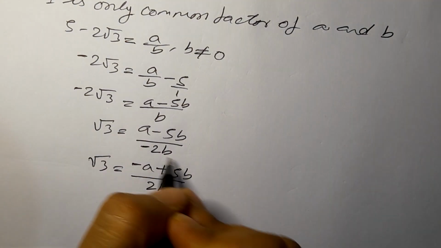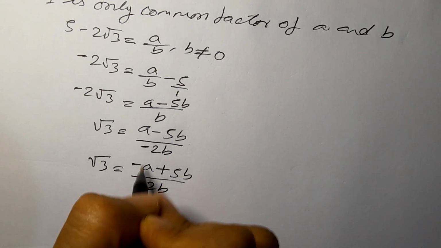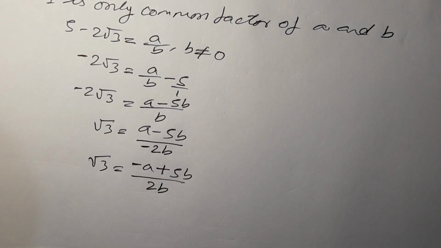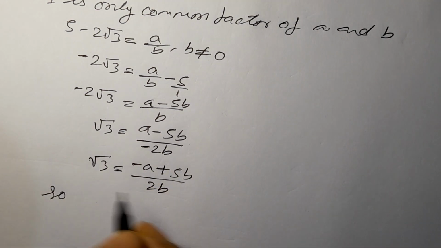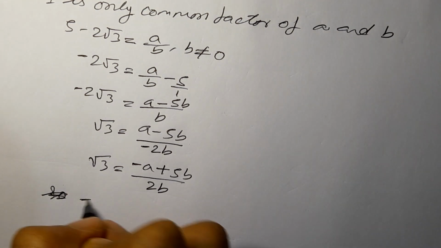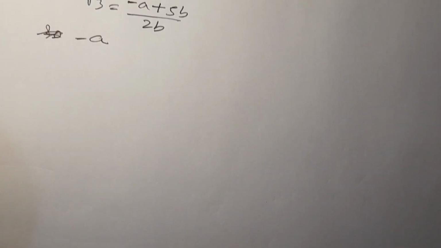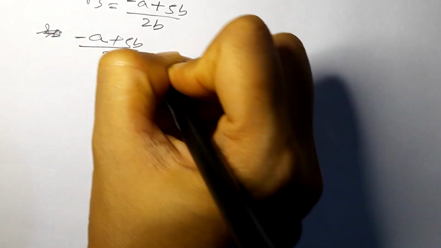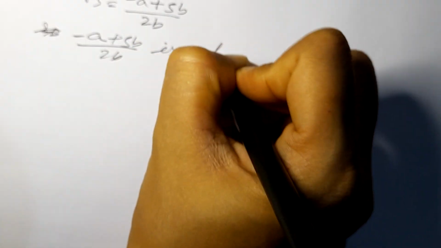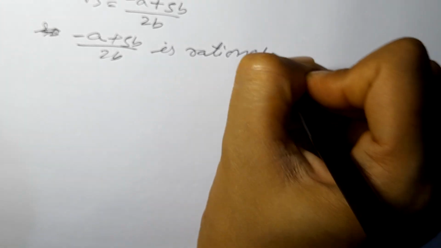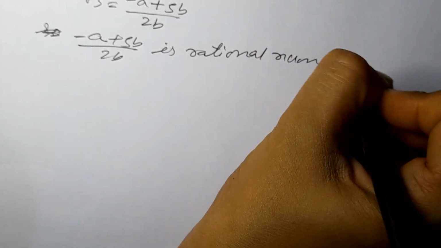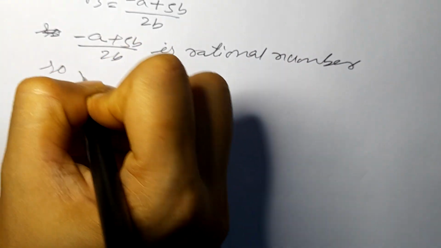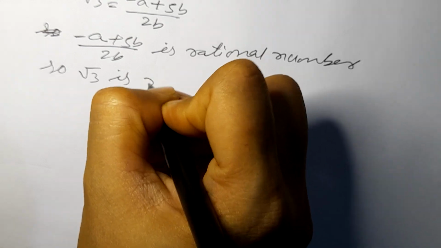This is in the form of a fraction, therefore this is a rational number. So minus a plus 5b divided by 2b is a rational number. So root 3 is a rational number.